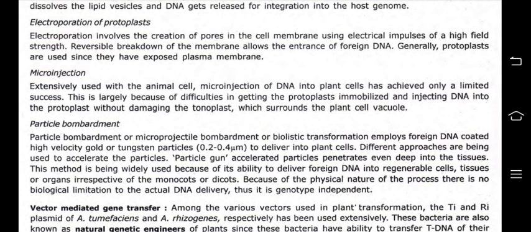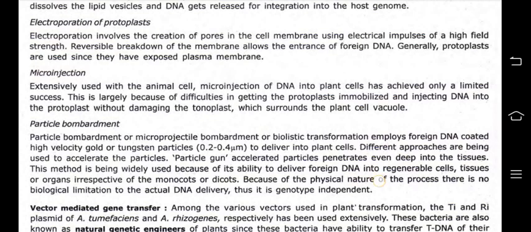A particle gun accelerated particle penetrates even deep into the tissues. This method is being widely used because of its ability to deliver foreign DNA into regenerable cells, tissues or organs, irrespective of monocots or dicots. Because of the physical nature of the process, there is no biological limitation to the actual DNA delivery. Thus it is genotype independent.